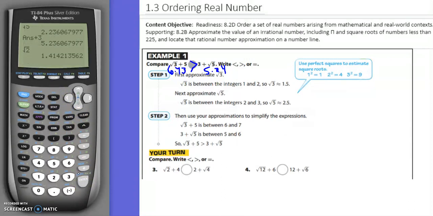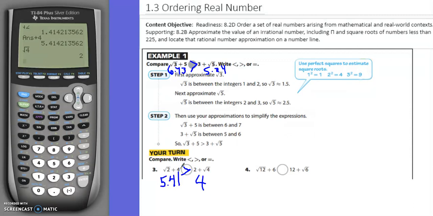So we have the square root of 2 plus 4 will get me 5 and 41 hundredths. And if we do the square root of 4, well, that's easy, that's 2, but if you just want to double check, you got 2. 2 plus 2 is 4. 5 is bigger than 4, so our inequality is going to face this way, to the left.